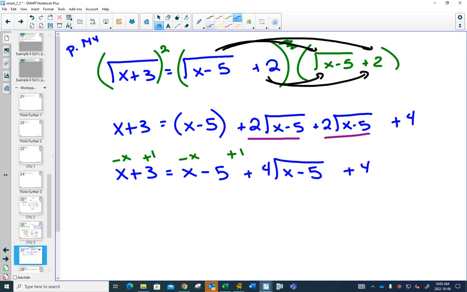As 2 steps in one, minus 5 plus 4 is minus 1. So to move the minus 1 over, I'm going to add 1 to both sides. So what do I get in the end here? I get 4 equals 4 root x minus 5. Kind of nice that my x's all went away.